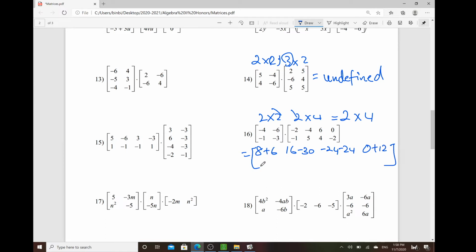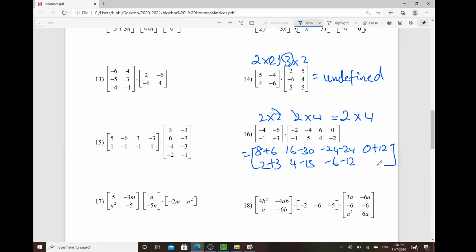And then the bottom row here. Negative 1 times negative 2, again rows times column, so positive 2. Negative 3 times negative 1, positive 3. Negative 1 times negative 4, so positive 4. Negative 3 times 5, negative 15. Then negative 1 times 6, negative 3 times 4.